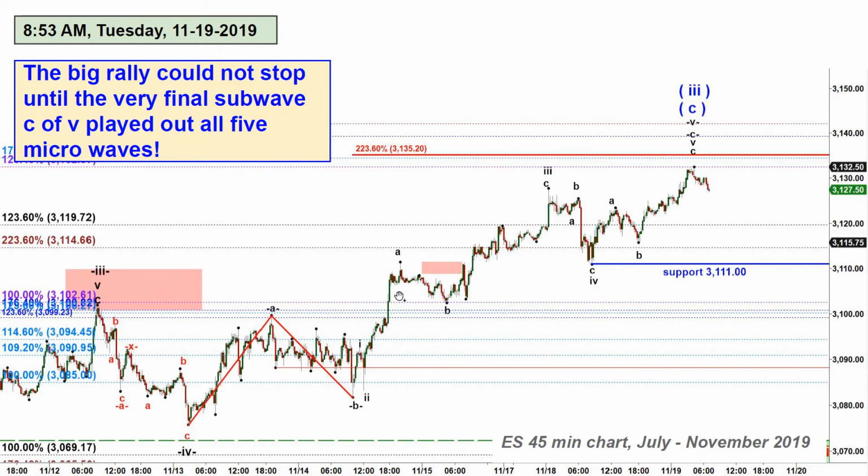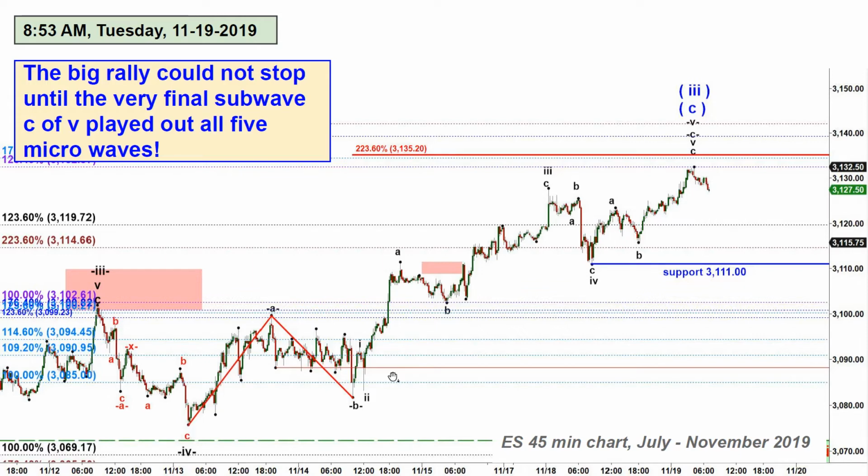It's a really interesting feature proposed by harmonic Elliott wave, and it works almost all the time: the bigger rally will not get completed until that very last subwave C of microwave 5 gets completed, and it can only get completed once those 5 microwaves get completed.